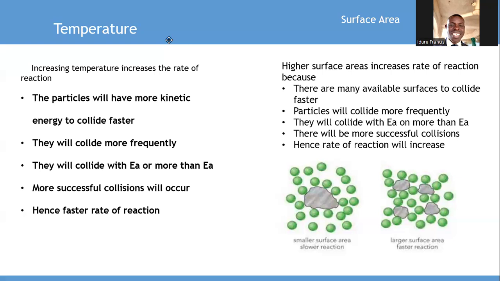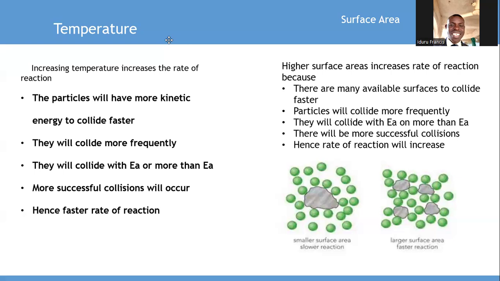A surface is not enough to increase the rate of reaction. But when you break down the lump into smaller particles, there will be many surfaces. So a particle that is powdery has millions of surfaces. That one we say larger surface area or higher surface area.